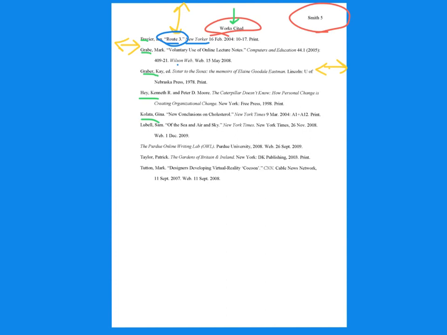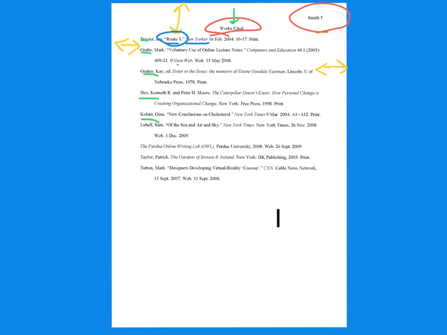So if you're looking at this whole page just from a distance, you can tell right away based on the quotation marks or the italicization of things, without even having to read the titles, what kind of resource each source comes from. Hopefully that made sense.